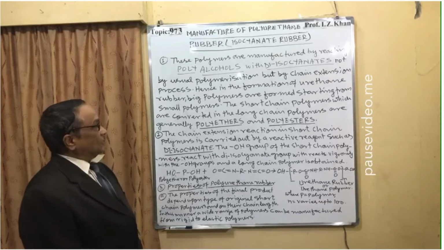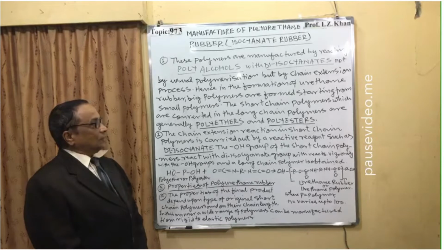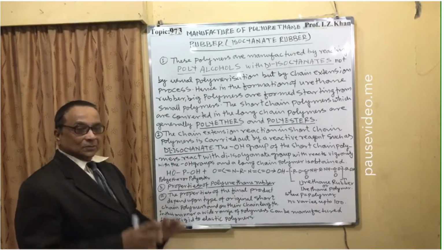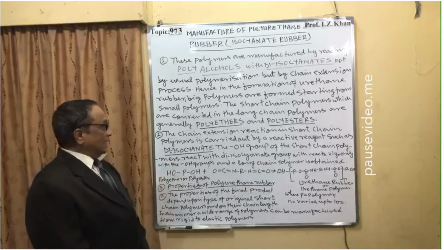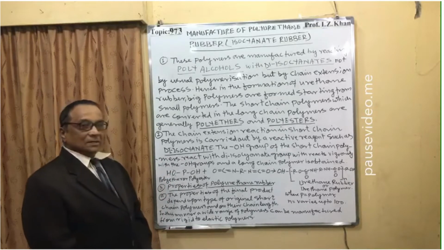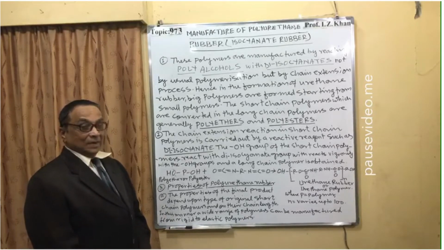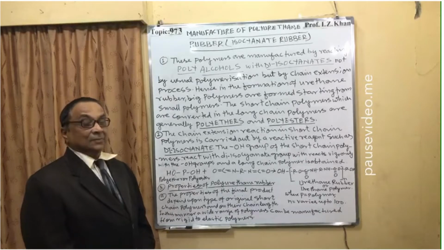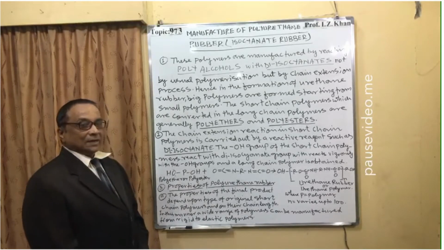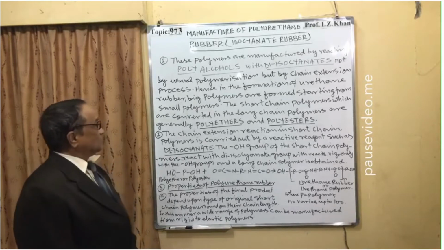Hence in the formation of urethane rubber, big polymers are formed starting from small polymers. So small polymers like polyethers or polyesters are combined together, and there will be extension of carbon chain rather than polymerization, and then polyurethane rubber is formed starting from small polymers.